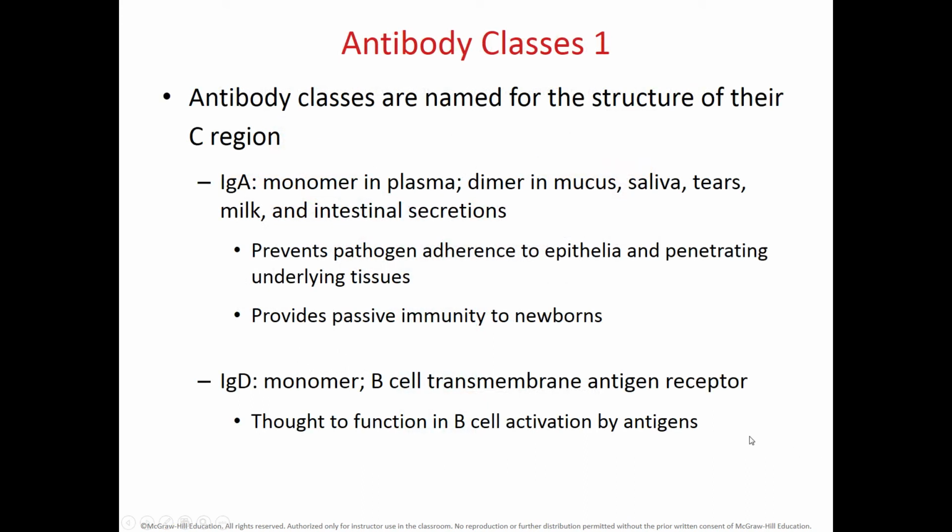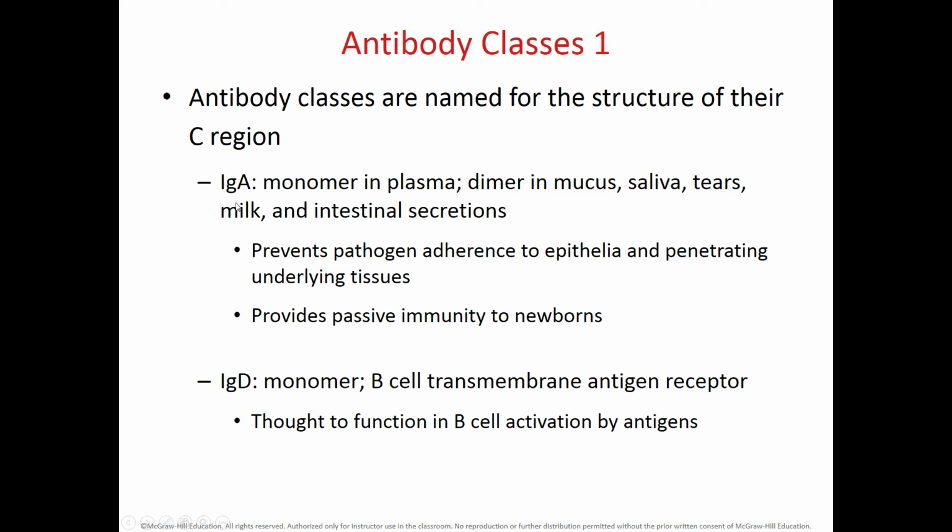So the classes of antibodies that we have are 5, and they are named because they have a similar structure within the C region, the constant region. So we have the IgA, which is a monomer, so it's only found in plasma as a monomer, but you can find it as a dimer in the mucous membranes, saliva, tears, milk, intestinal secretions.